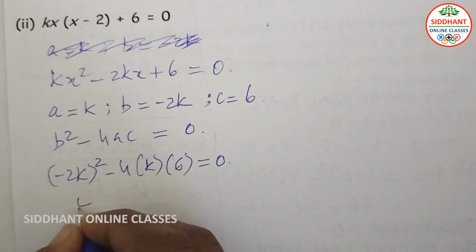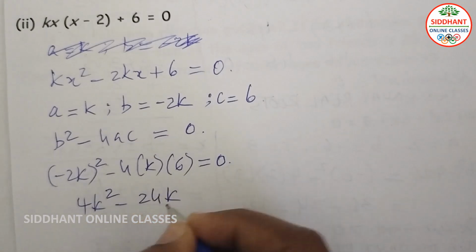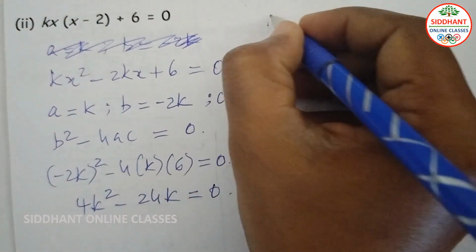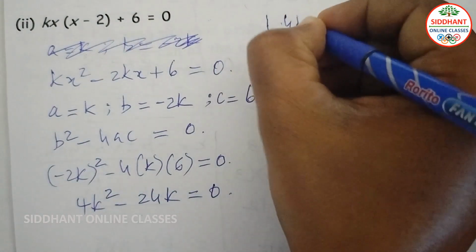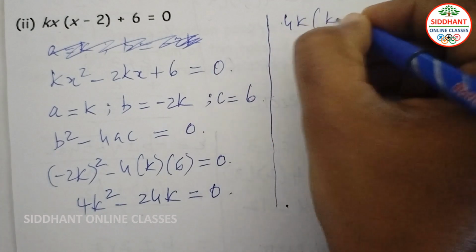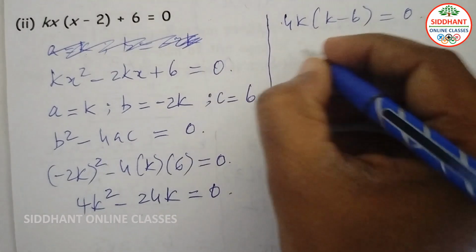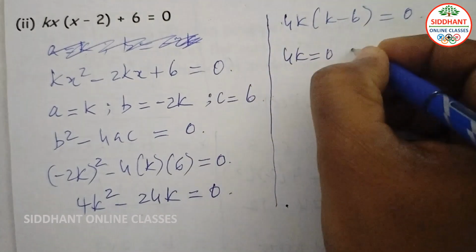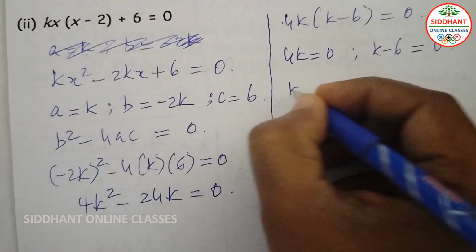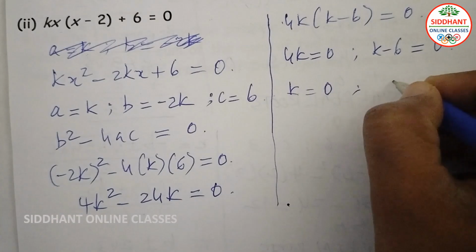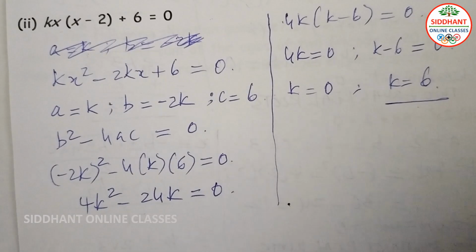That means 4k² − 24k = 0. So 4k we are going to take common, 4k(k − 6) = 0. So 4k = 0 and k − 6 = 0. So k = 0 here and here k = 6. So answer will be 6 here.